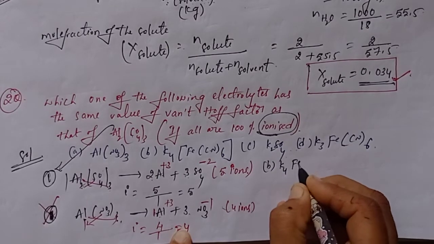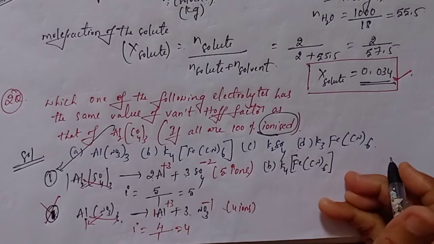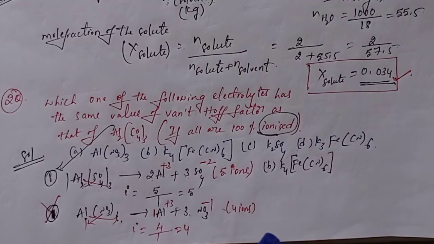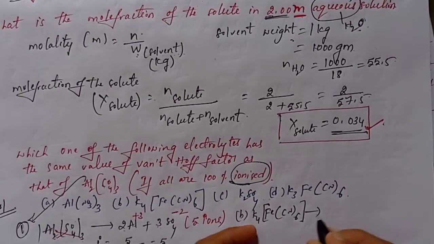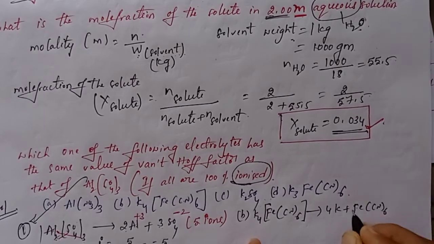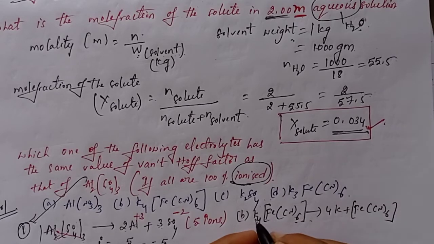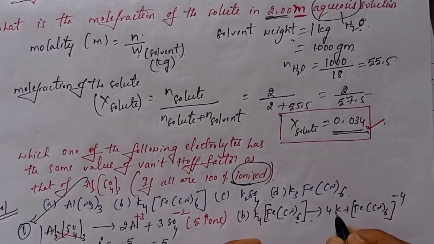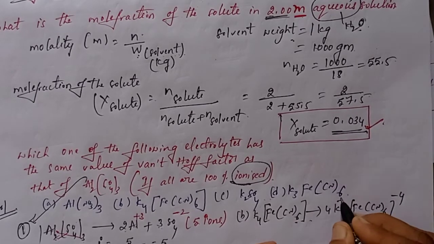See, students, B option, K4[Fe(CN)6], potassium ferrocyanide, correct? See, students, how does it dissociate? How many potassiums are there? 4 potassiums. [Fe(CN)6] only 1 is there, correct? So 4 potassiums, so that's [Fe(CN)6] with minus 4 charge, but only 1 [Fe(CN)6] is there, and the potassium charge is plus 1.